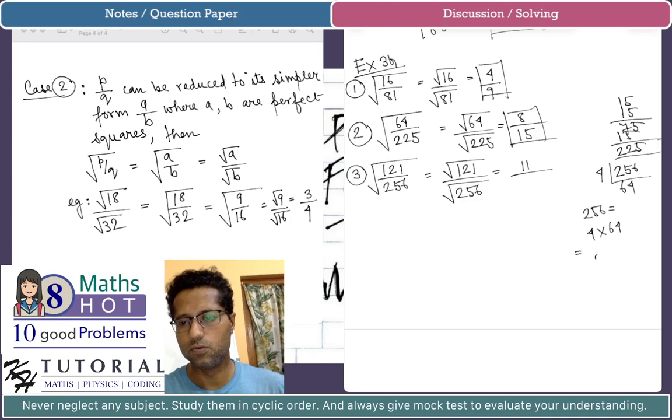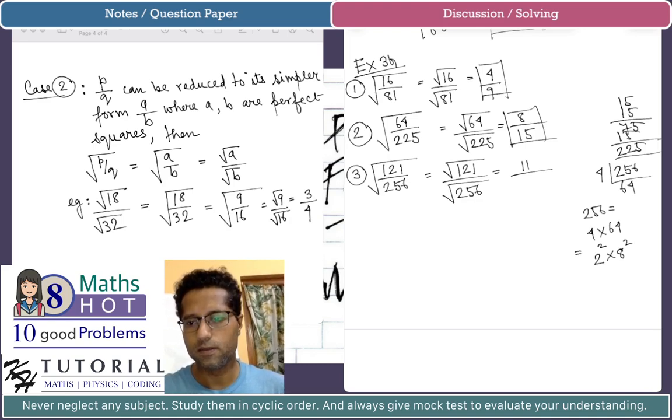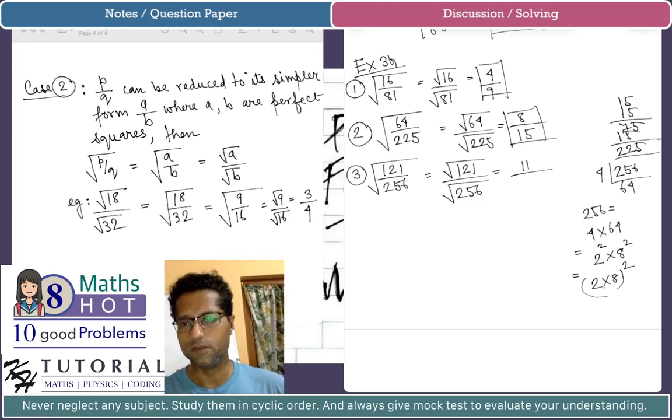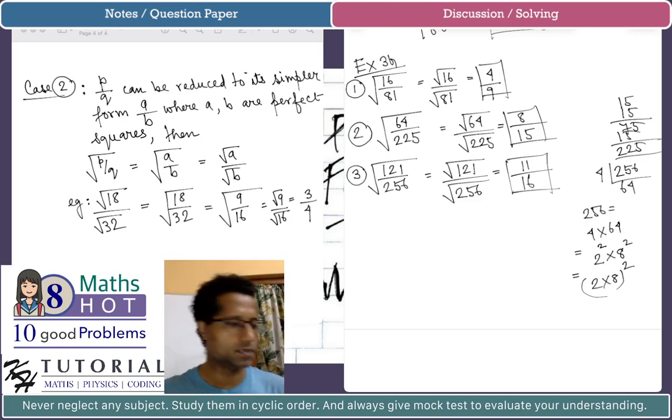This is equal to 2 square multiplied by 8 square. This is equal to 2 multiplied by 8 whole square. So therefore root over 256 will be 2 into 8, that is 16. 11 by 16.